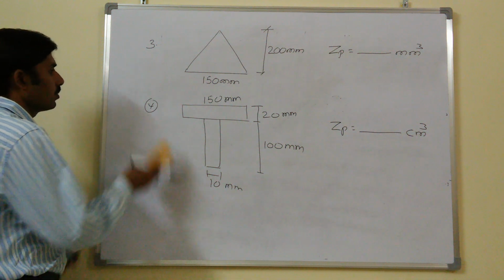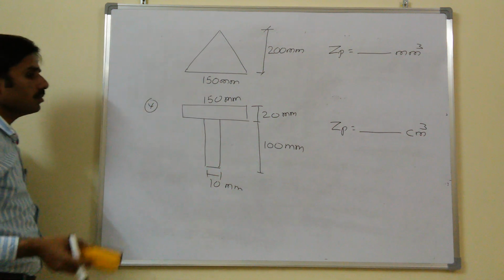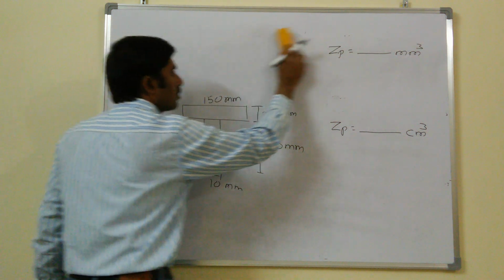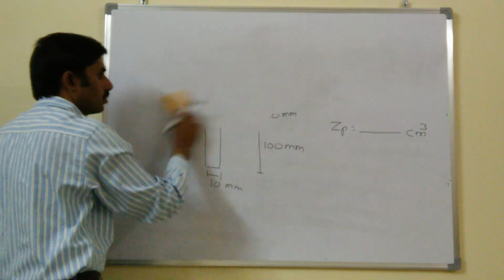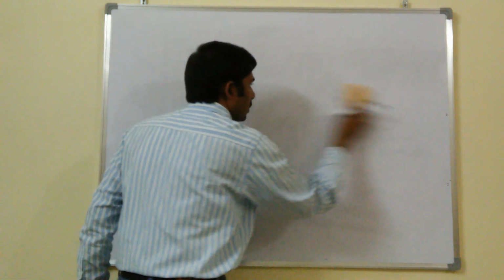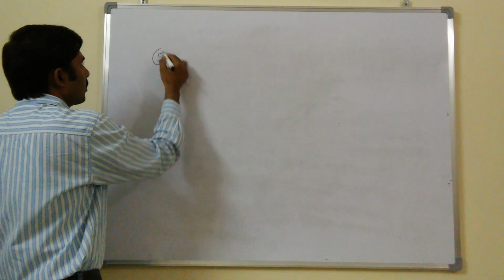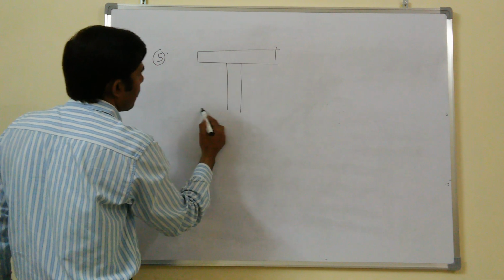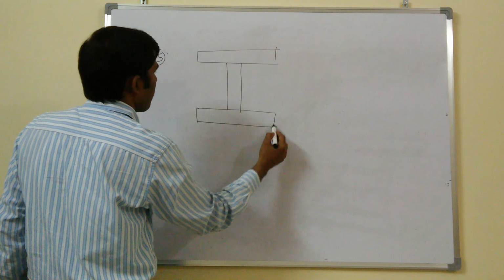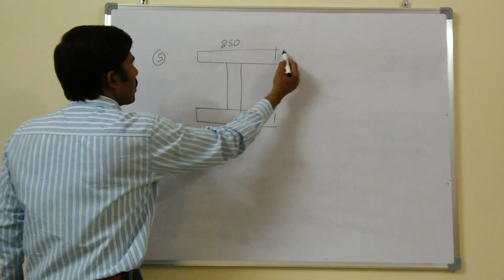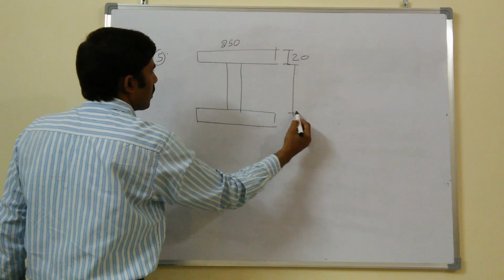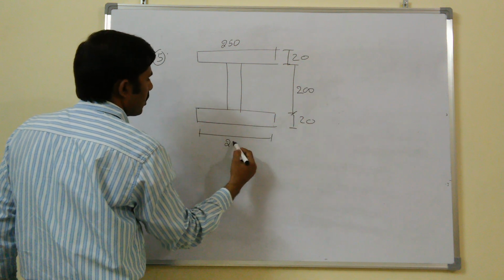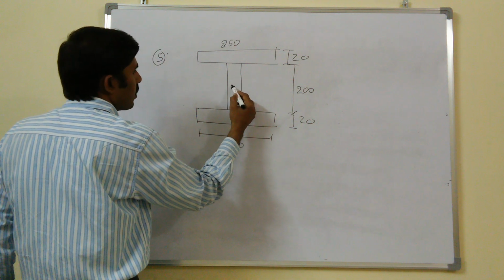Now, fifth one, 250 by 20. This is 200, this is 20. This is 250, this width is 10.